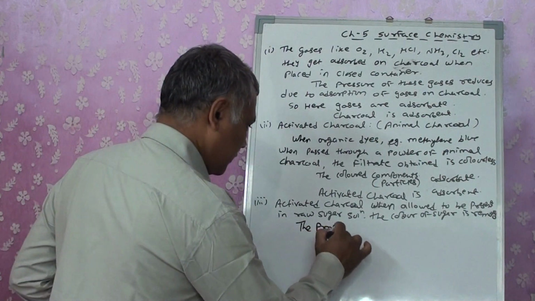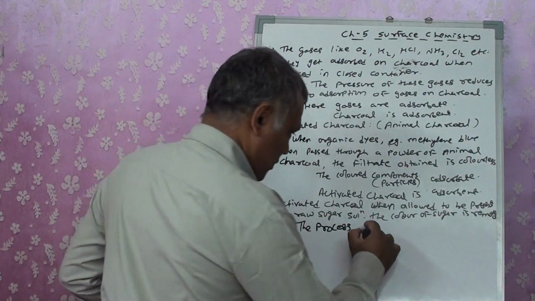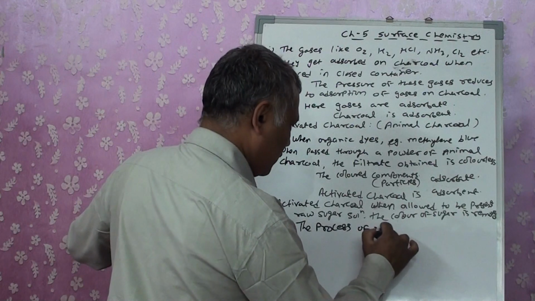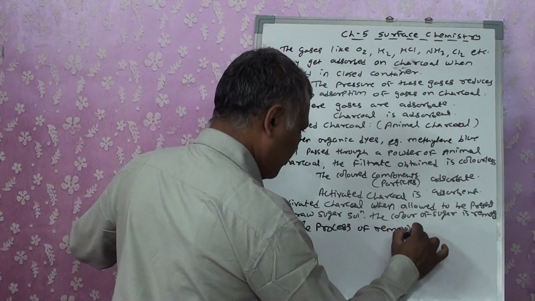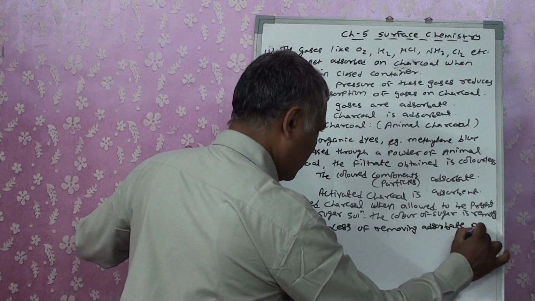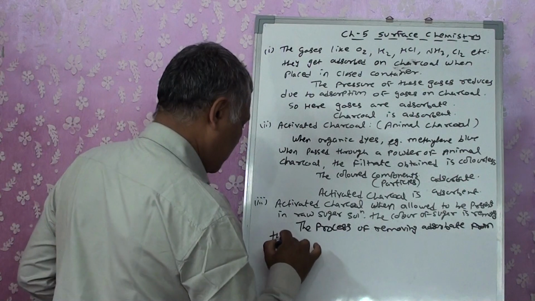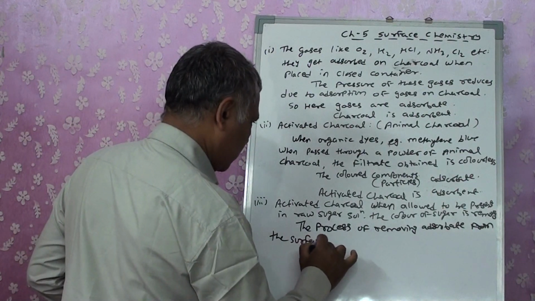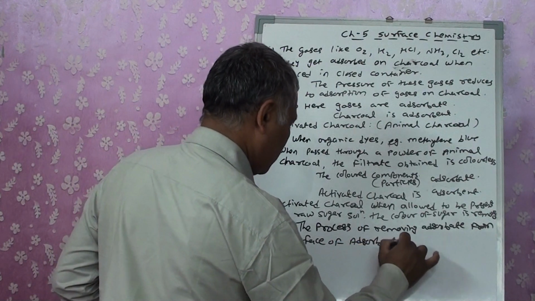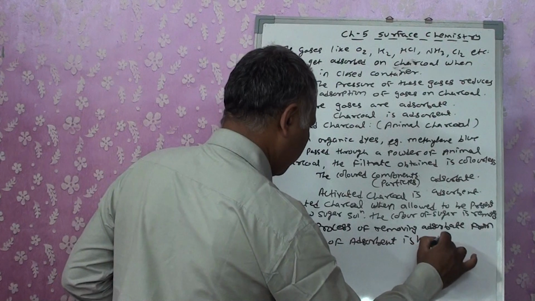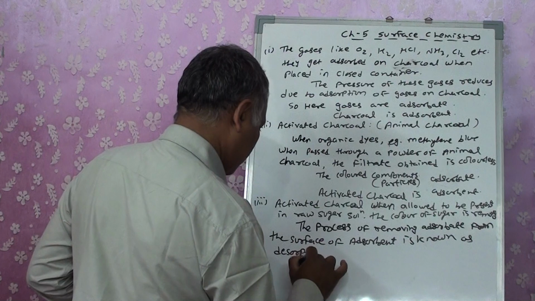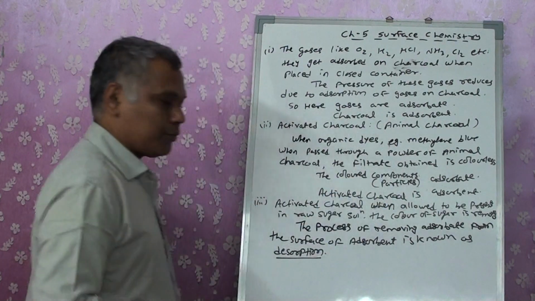The process of removing the adsorbate from the surface of the adsorbent is known as desorption.